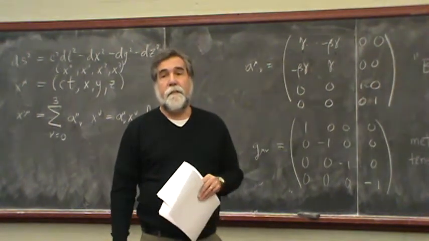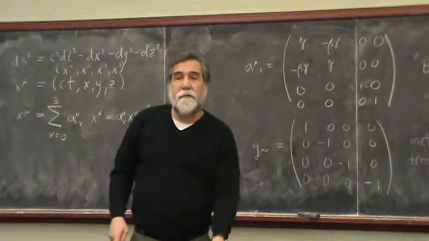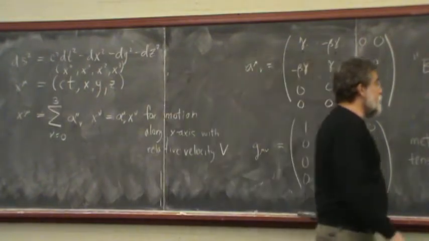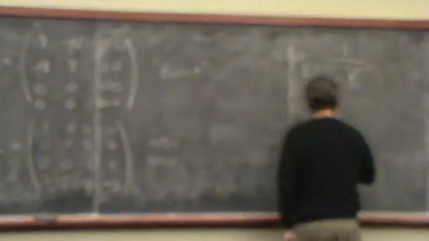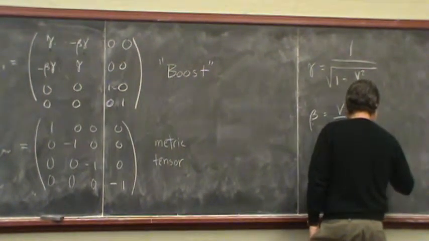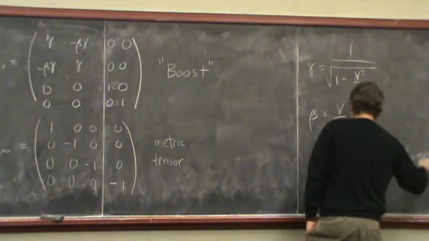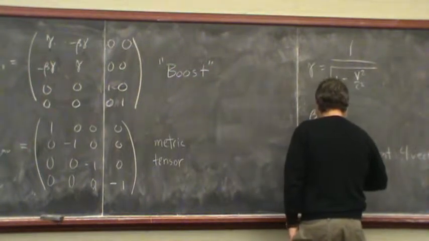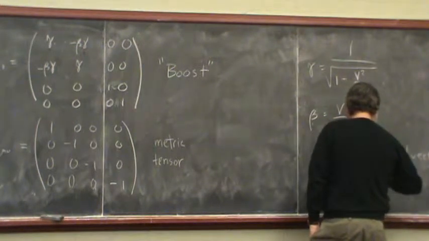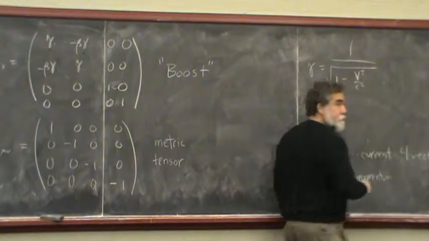So examples of the four vectors that we're going to work with will include the charge current four vector and the energy momentum four vector.